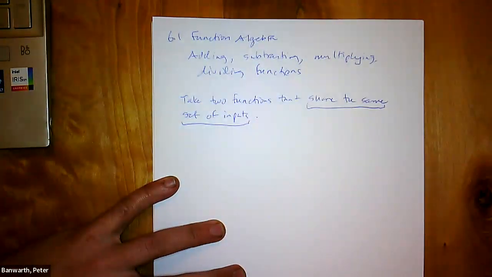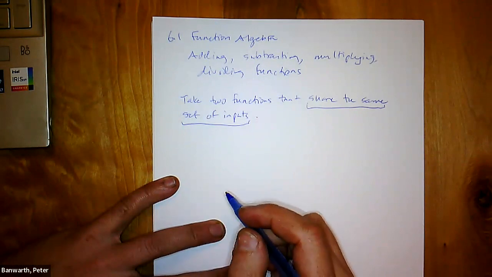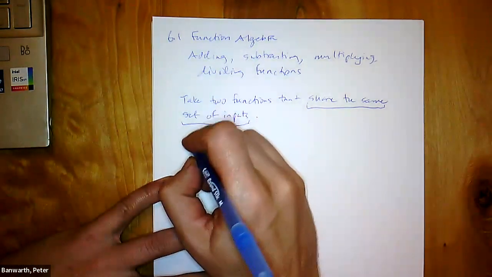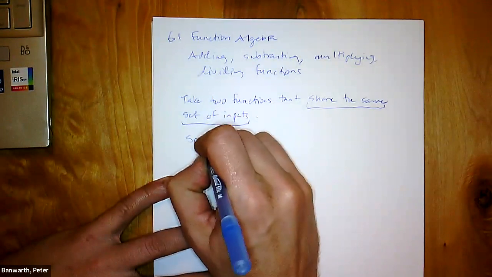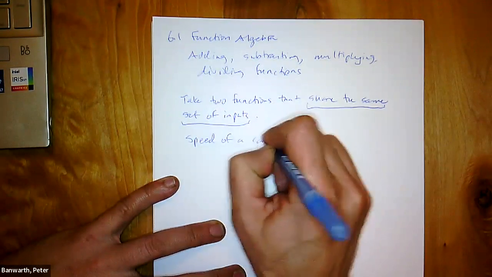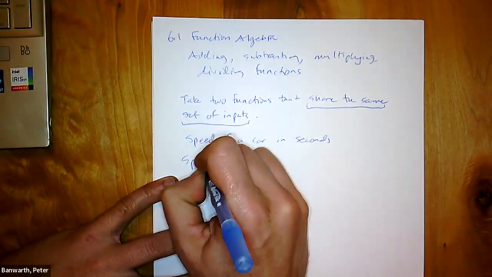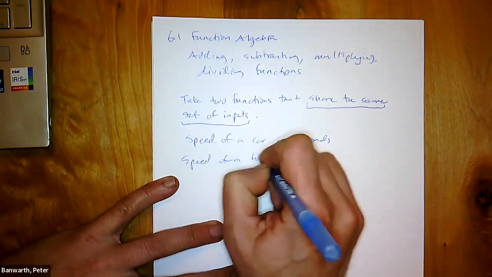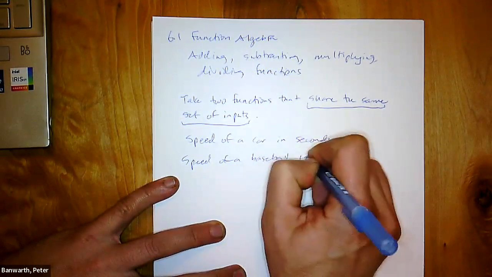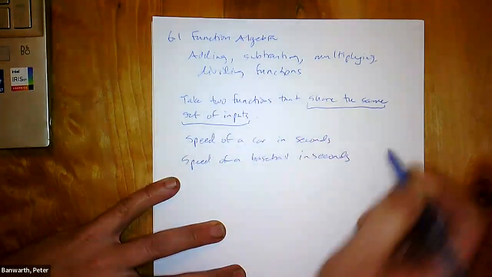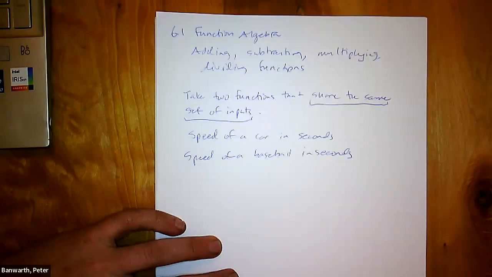So for example, speed of a car in seconds and speed of a baseball in seconds. All right, so this could be two functions.